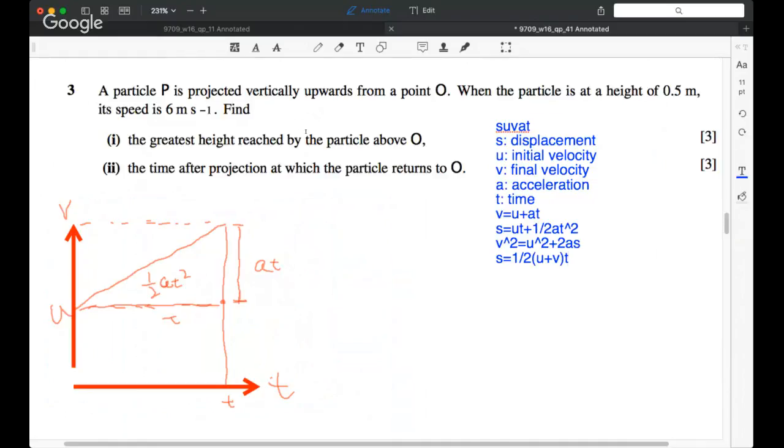You can try it in your spare time: eliminate t in the first equation and then substitute it into the final equation. You arrive at the third equation here.